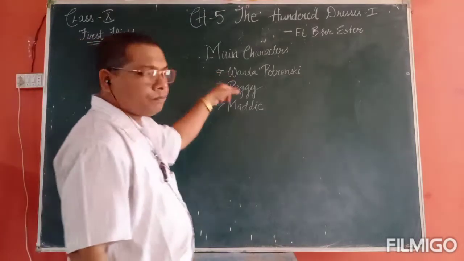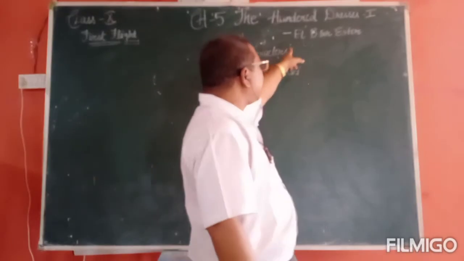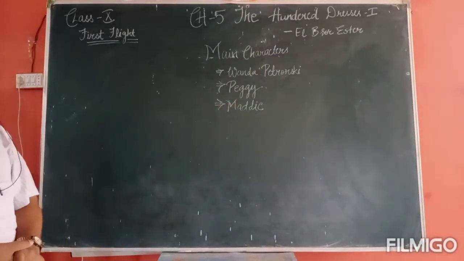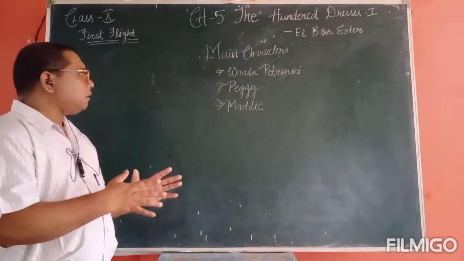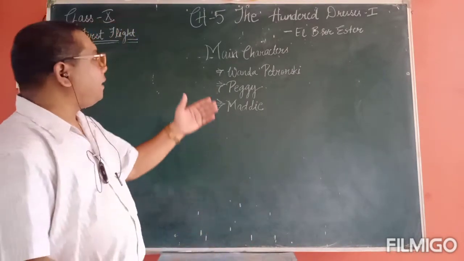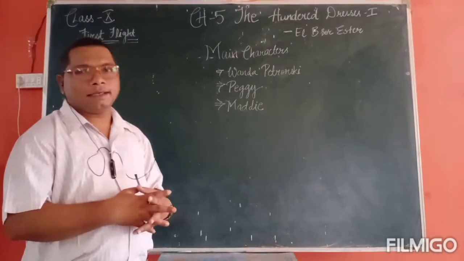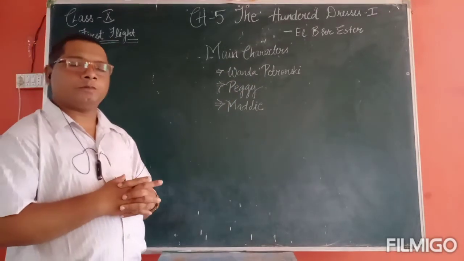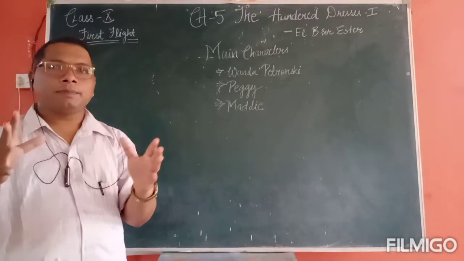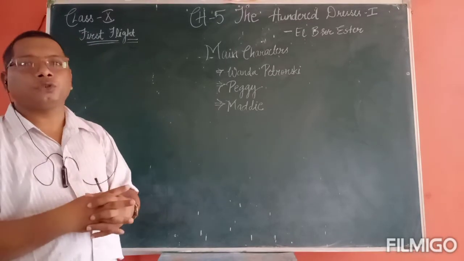The author of this chapter is Eleanor Estes. This is a true account of a girl from when the author was studying in school. There was a particular girl whom the classmates and other children were teasing.